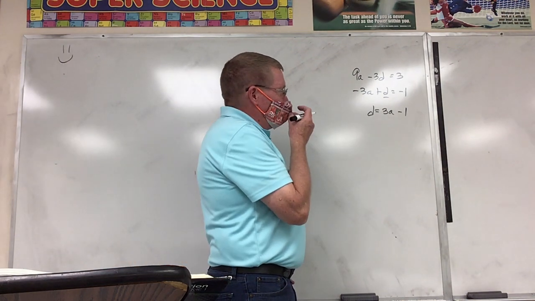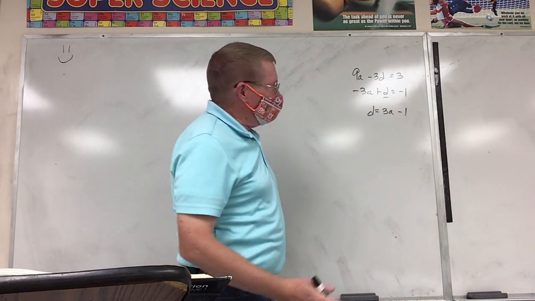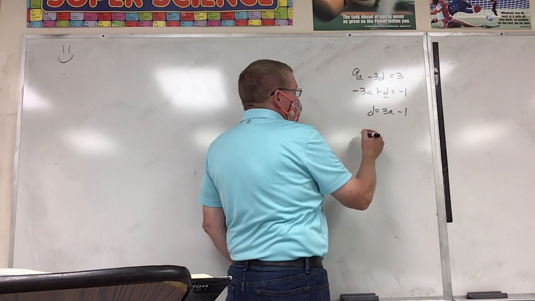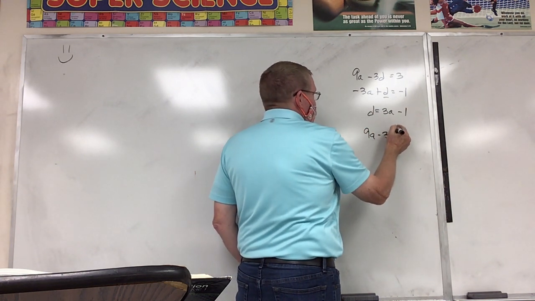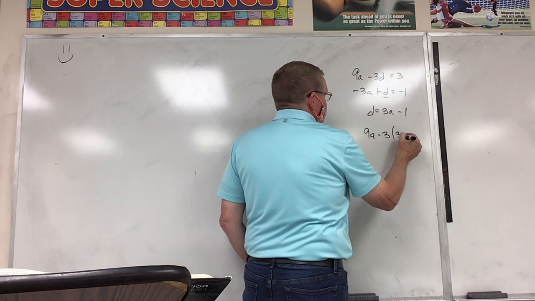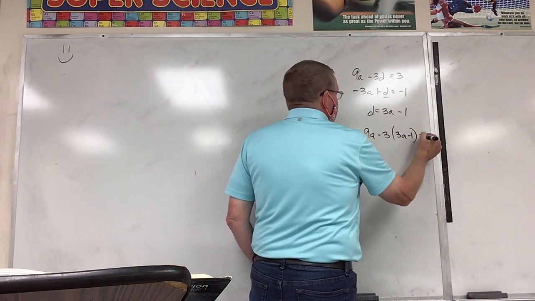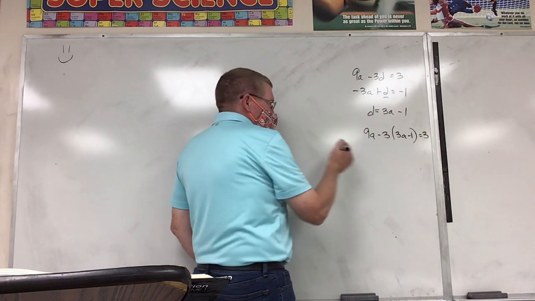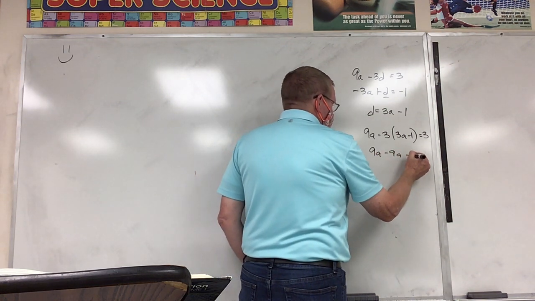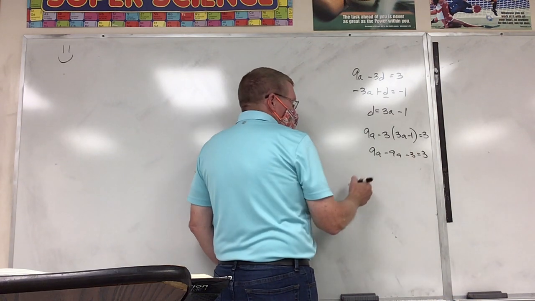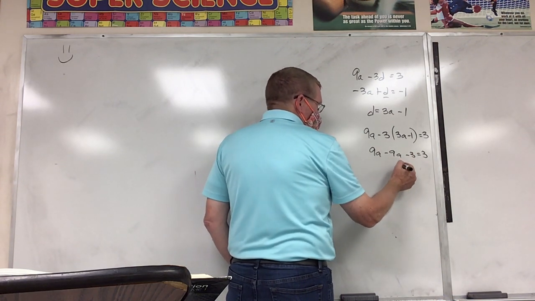All right, real quick here. If I put 3a minus 1 back in the first equation, that's 9a minus 3 times (3a minus 1) equals 3. So 9a minus 9a plus 3 equals 3.